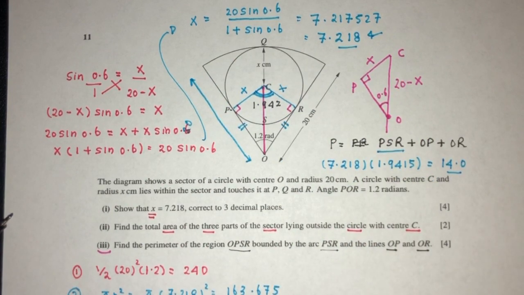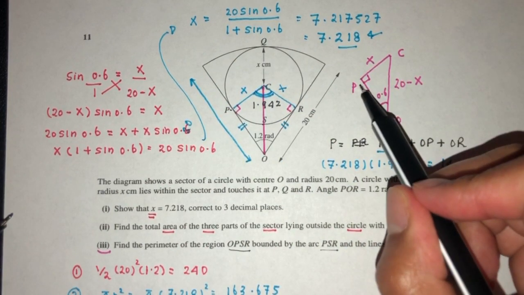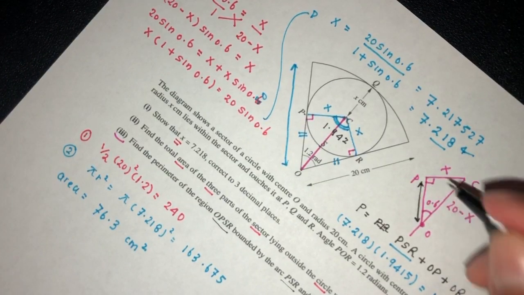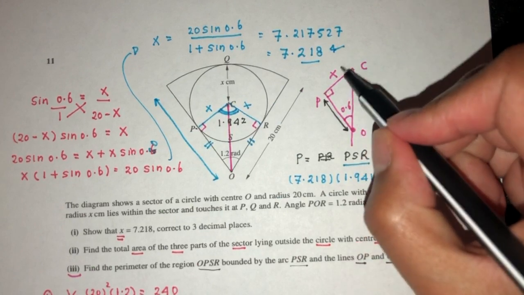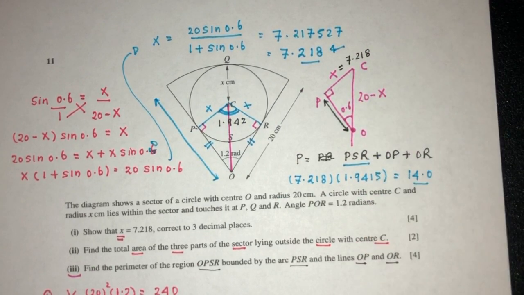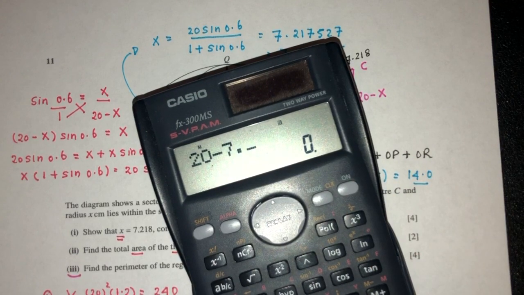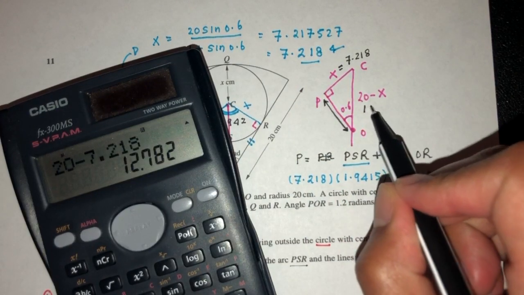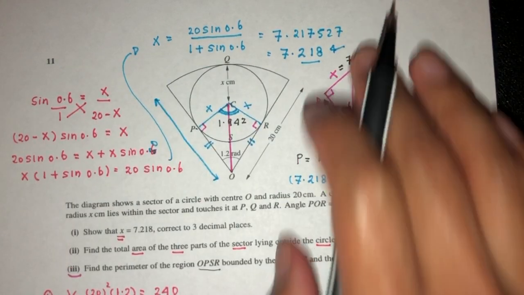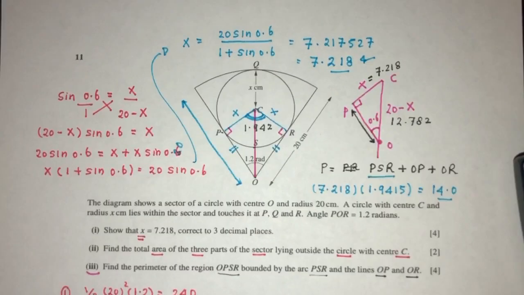Now, we have to find the value of OP, which is this one. Pretty easy. We know this is 7.218, which means this will be 20 minus 7.218. That should be 12.782. So we can use these two sides to find this side by using the Pythagoras theorem.